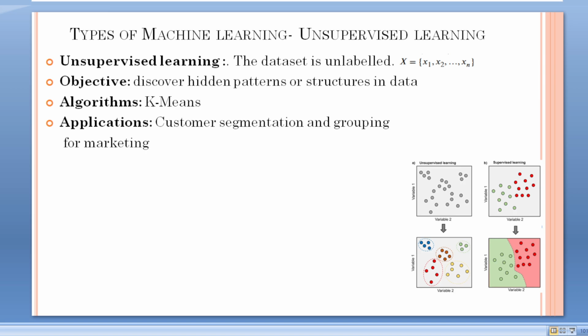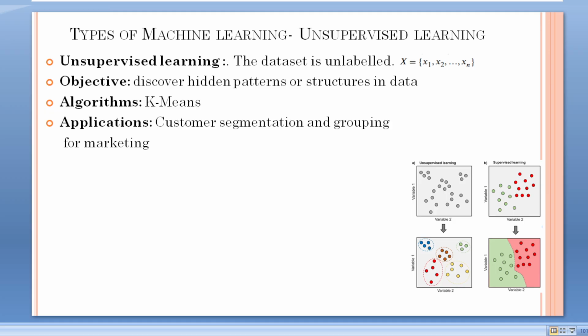On the right hand side, the data set is given, but it has two different output classes, red and green. So when such a labeled data set is given, it is classified into two different classes, red and green. This is how supervised learning and unsupervised learning are different from each other.